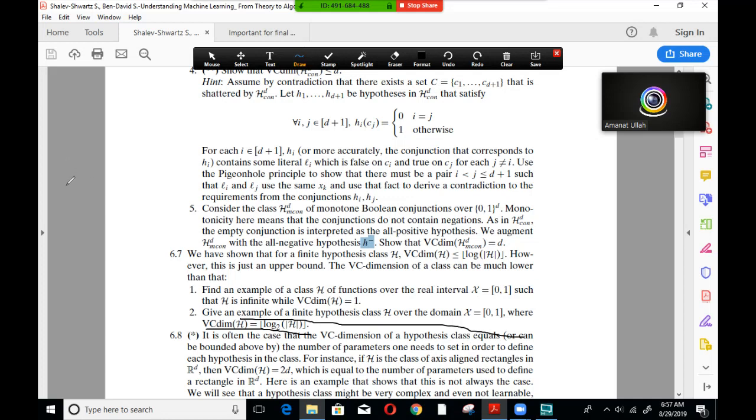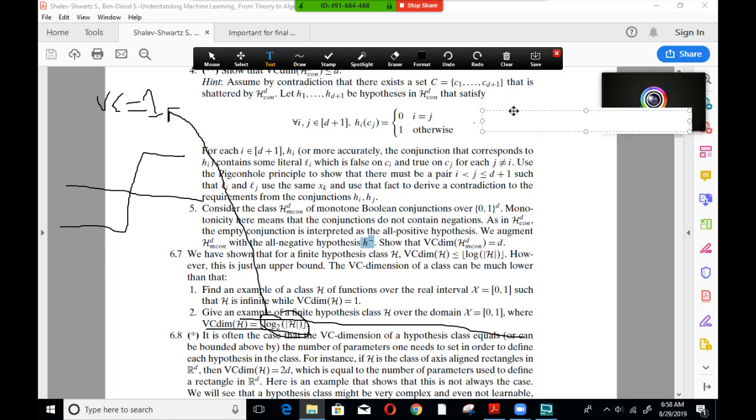If we want to give an example of a threshold function, we know that the VC dimension of a threshold function is 1, and somehow we have to make log 2 base of h equal 1.